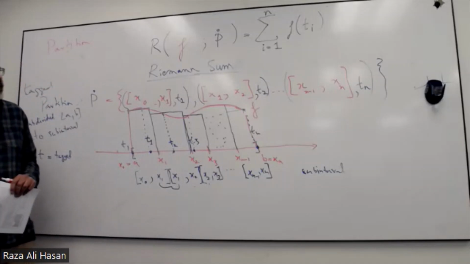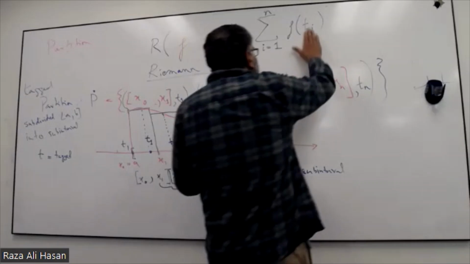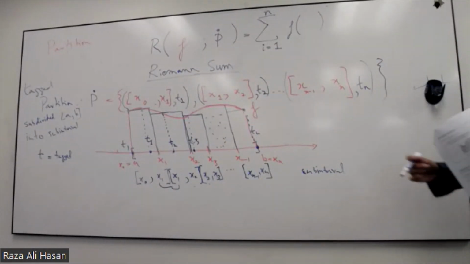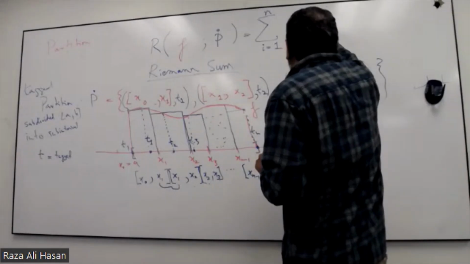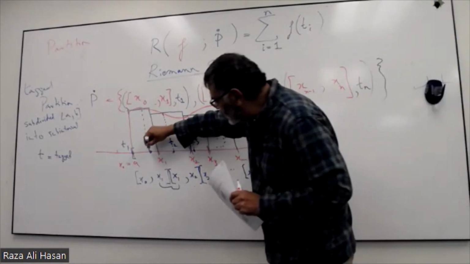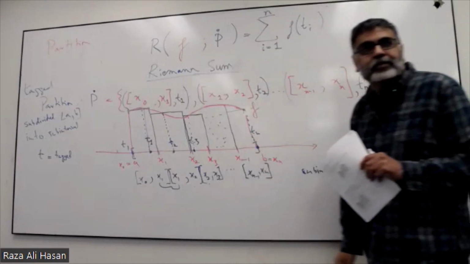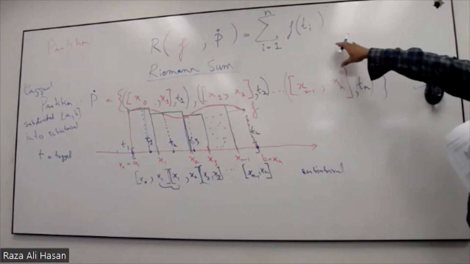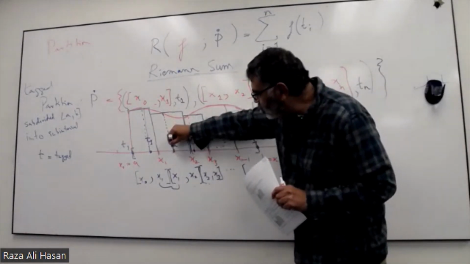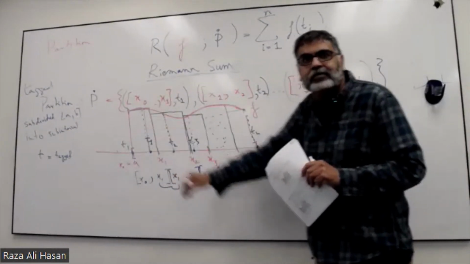Okay, let's do this again. So what goes there? t1, and because i is 1, we're talking about this length here. What's the second one? When we go to the second height, that would be t2, and it would be this length, shorter than that one.